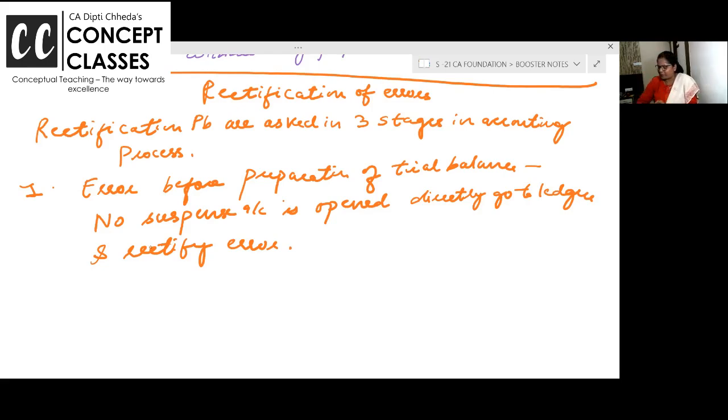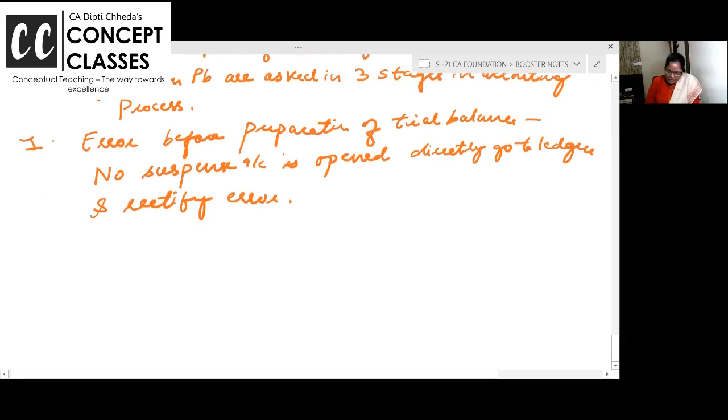This is a superb chapter. There are 2-3 more chapters where there will be a lot of analysis, like this, BRS. When I come to depreciation, the T format, enjoy the calculations. Like that it is. Okay? So error before trial balance, no suspense account is prepared. Directly go to the ledger and rectify the error.